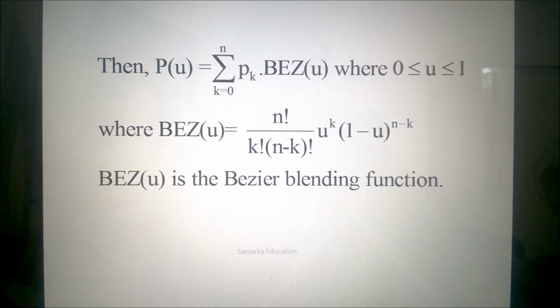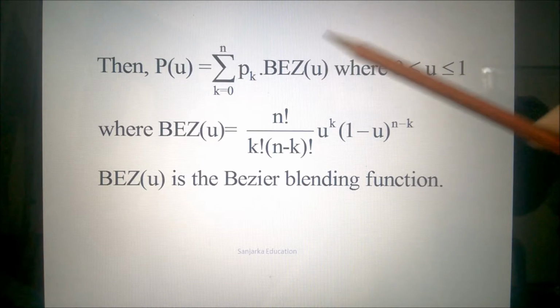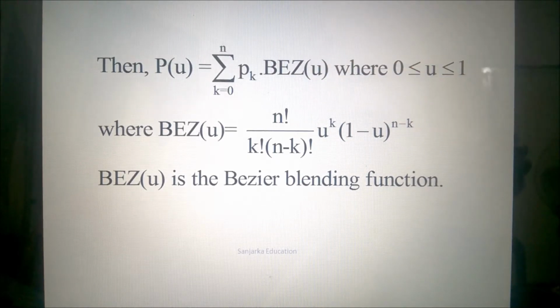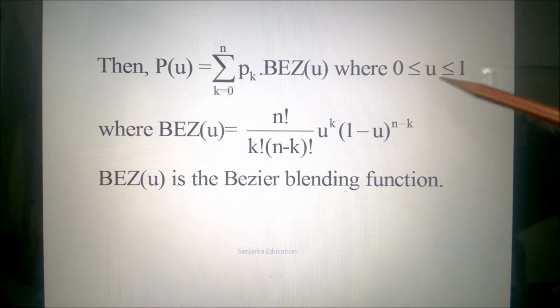Next, this is the Bezier curve equation, and I'll explain it in detail. Here you can see this is the Bezier function. It's called the Bezier blending function, and here u will vary from 0 to 1.